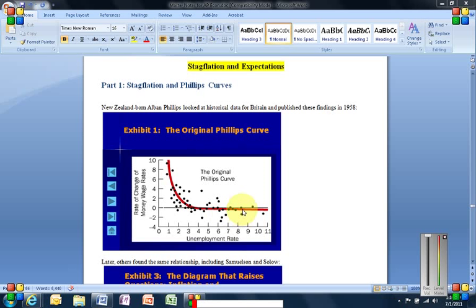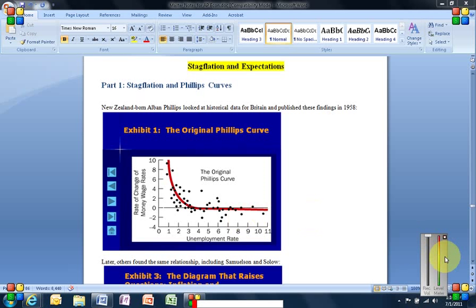He found that if you drew a trend line in between these dots down the middle, you found this trend of seemingly higher inflation going along with lower unemployment rates, and vice versa. As the unemployment rate swung to higher levels, it seemed as though prices came down.